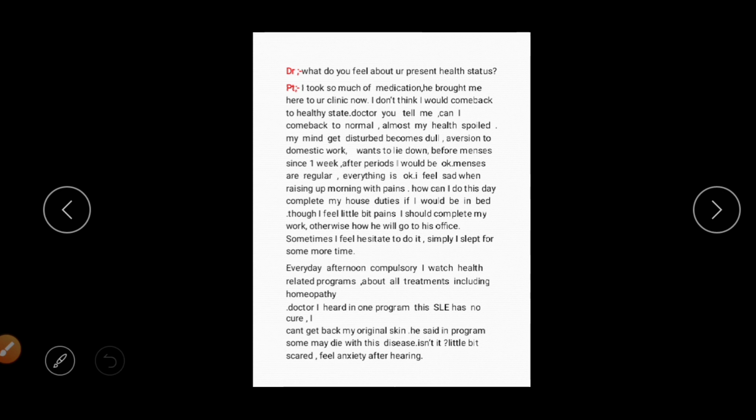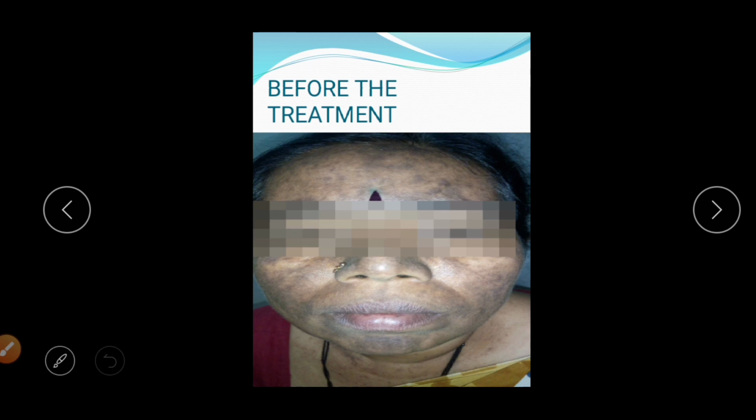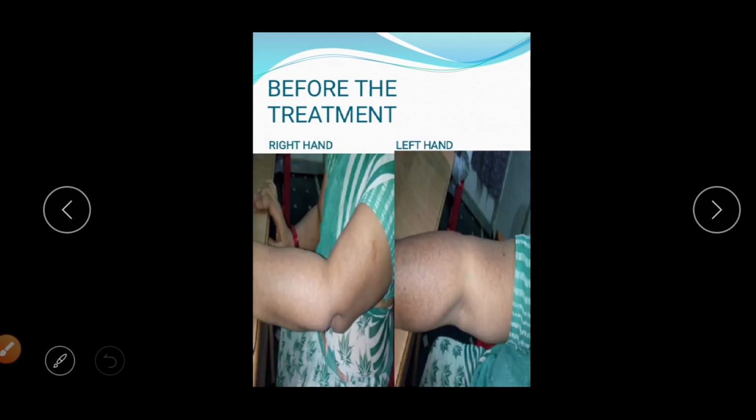So please follow the PPTs and see the before-treatment phase of the patient. This is the discoid lupus, all dark pigmentation is there. So all over the body the dark pigmentation went on.